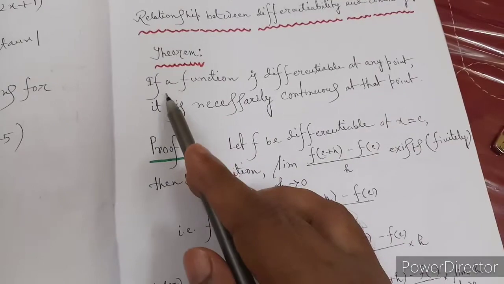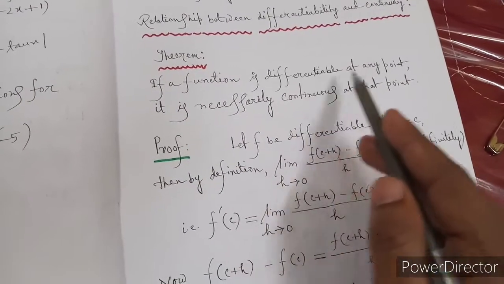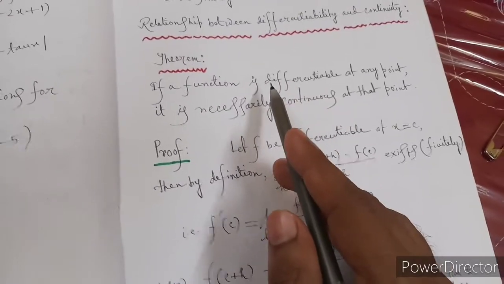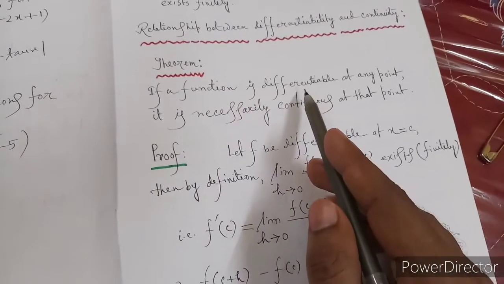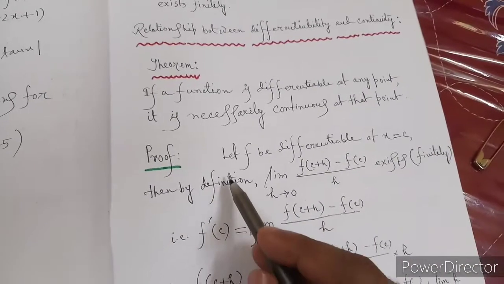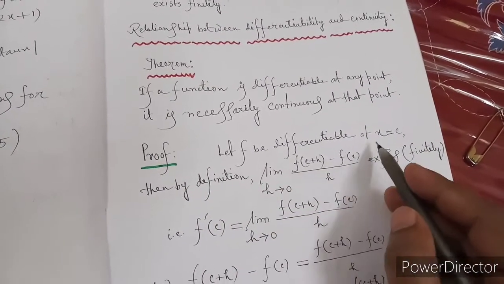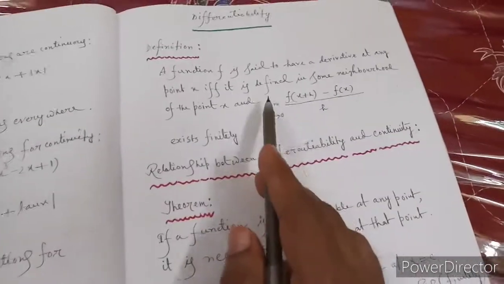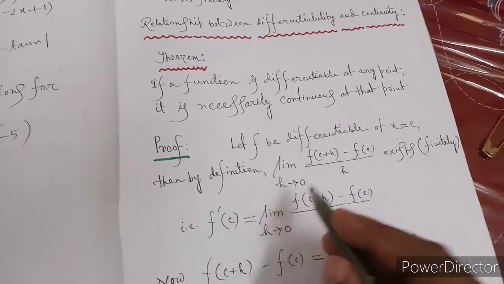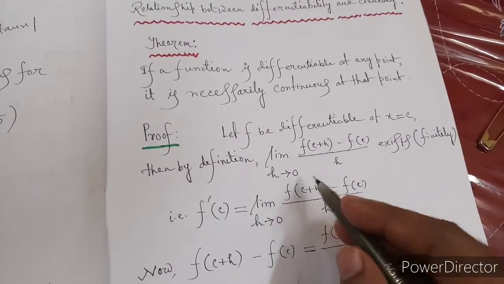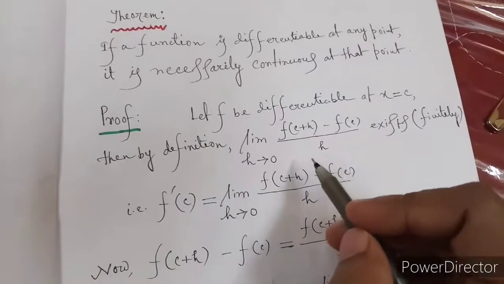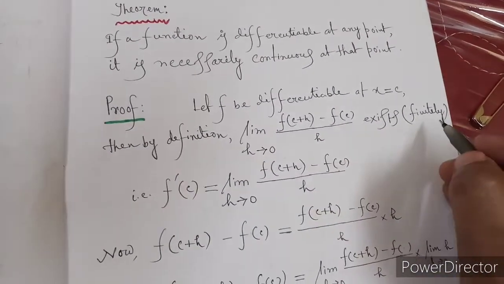In the theorem, if a function f is differentiable at any point, you should consider that the function f is differentiable at that point. So let f be differentiable at x equal to c. Then obviously by the definition, this quantity, that means the limit as h tends to 0 of (f of c plus h minus f of c) by h, exists finitely.